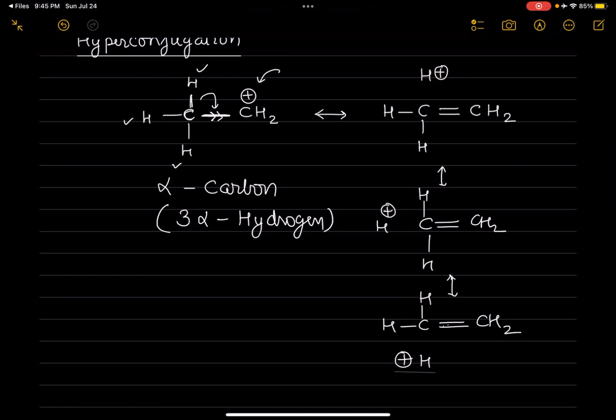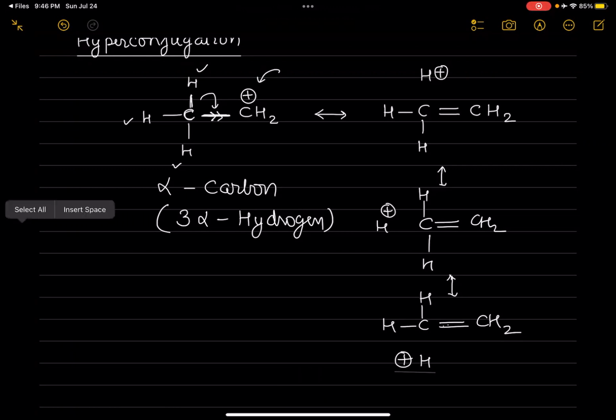A lot of questions come every time in all the examinations. This is a very basic thing, and it will be useful not only in this chapter but in your complete organic chemistry which you are going to study ahead in class 12.